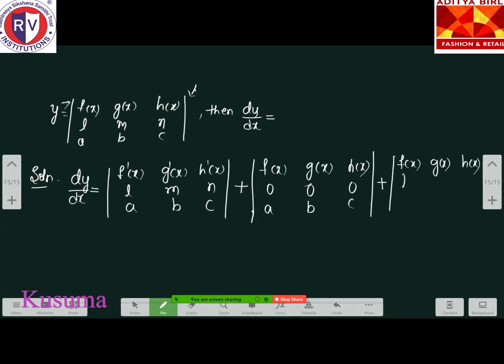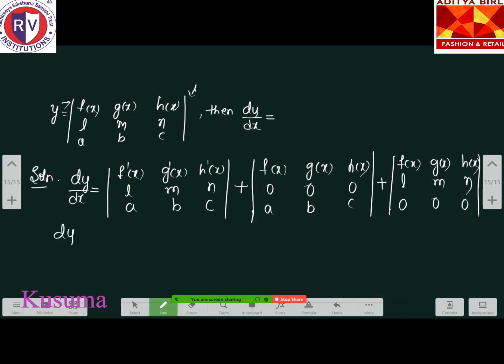Write the first row as it is, second row as it is. Differentiate only the third row. So what is the differentiation of A with respect to x? It is 0. Differentiation of B is 0 and differentiation of C is 0.